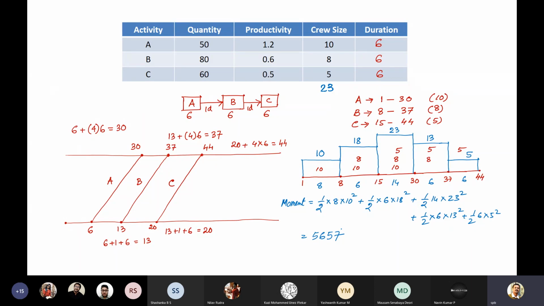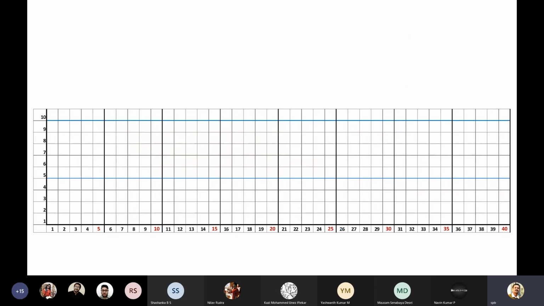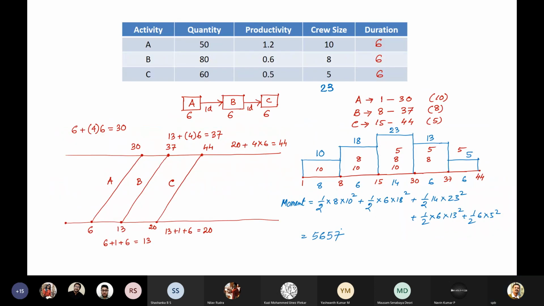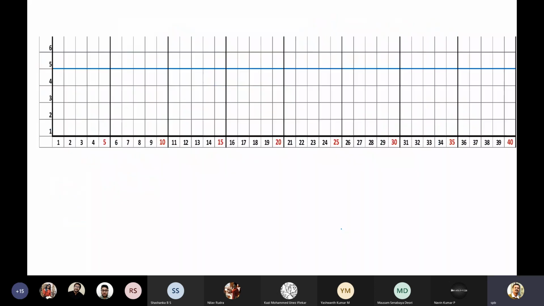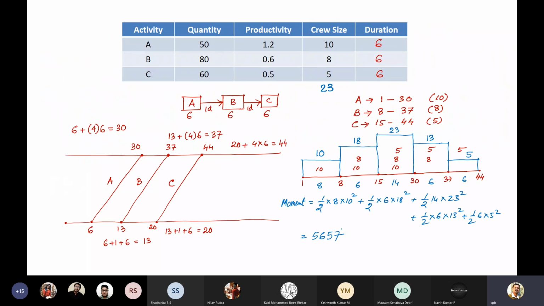So it doesn't give a true picture of this particular thing, but another picture is that the 23 is the peak, that is true. Here it is for 14 days and here it is for how many days? 8 days. So even though it is showing the higher moment, it is better because at least the higher period of 14 days or 15 days overlapping period is associated with the maximum manpower.